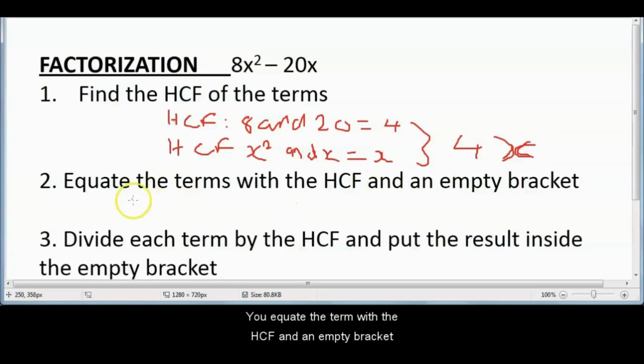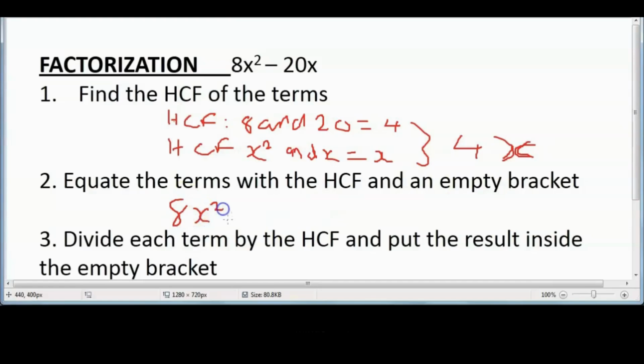Secondly, you equate the terms with the HCF and an empty bracket. The terms are 8x squared minus 20x. So we're going to equate it with the HCF, which is 4x, and an empty bracket.